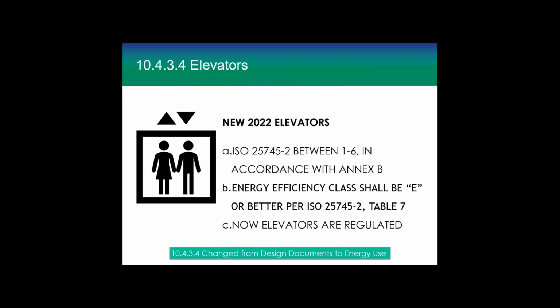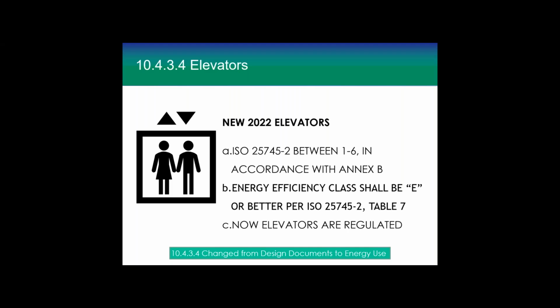We also have, for the first time, regulated elevators. For elevators, we've done it in two steps. So previously, what we did was the person picking the elevators had to schedule on the plans the information from the ISO 25745-2 tables, where he picked it and what the energy efficiency class was, et cetera.